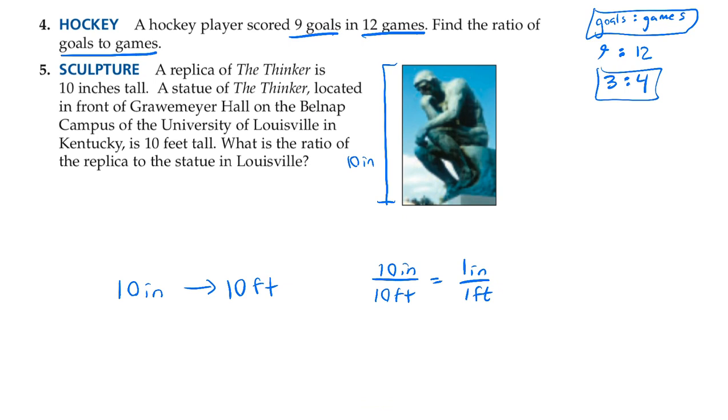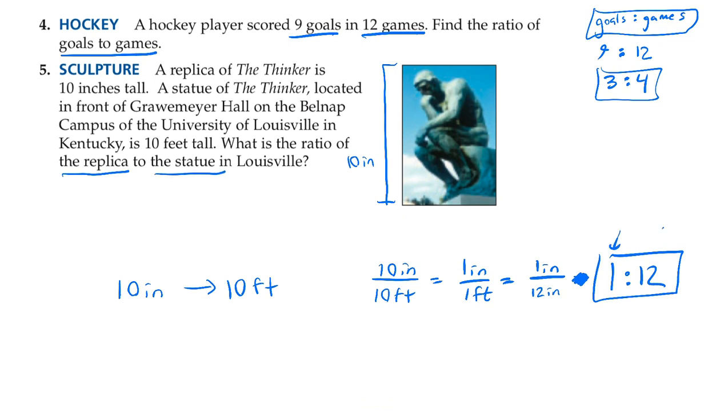So this would be 1 inch over, and then 1 foot is 12 inches. Oh, so it's actually a 1 to 12 ratio. And that's not an equal sign there, my bad. So it's a 1 to 12 ratio from the replica to the statue. The replica's the small, the statue's the big. Yeah, my order matters there.